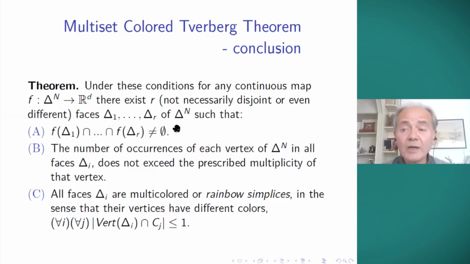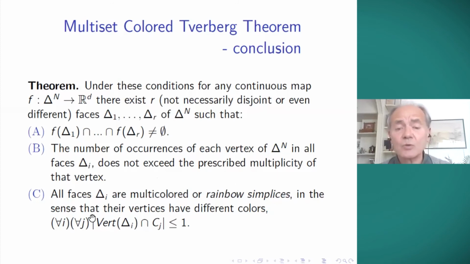So now we allow, and this is really a sharp distinction from the standard Tverberg or continuous or Colored Tverberg theorem, a smaller number of points, but now we allow simplices to overlap. But the number of occurrences of each vertex in all faces does not exceed the prescribed multiplicity. So they are allowed to overlap no more than we prescribe in advance.